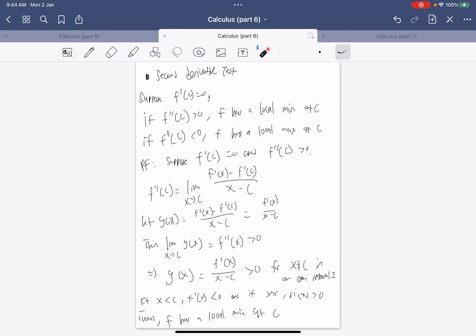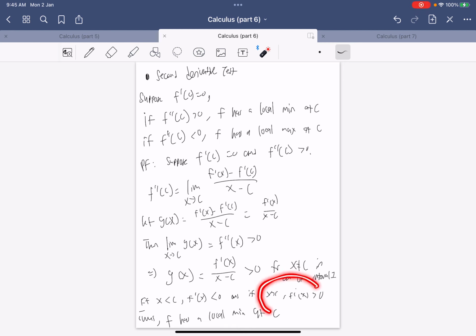The idea is to use the definition of the limit for f''(c), and if you take this as the function g(x), it means that g(x) will be positive in this interval. And since x minus c is less than 0, it means f'(x) is less than 0 for the interval.